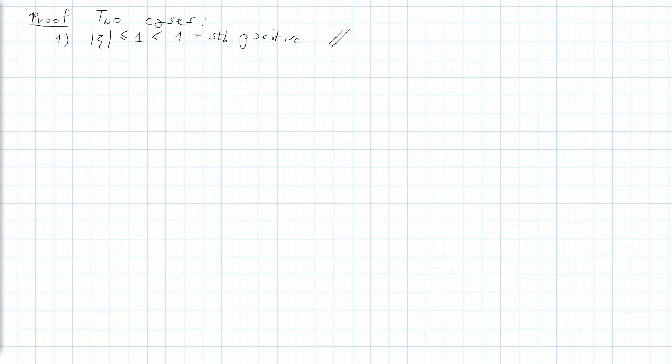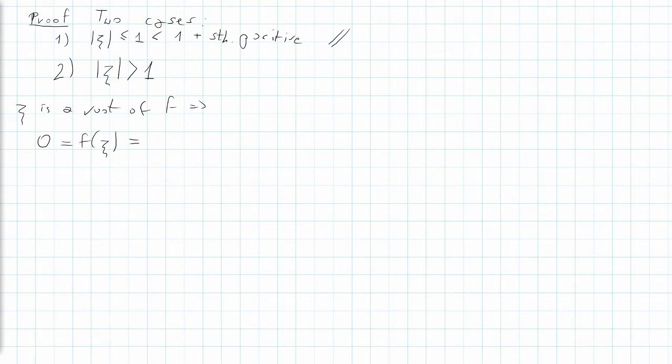So the only part which we need to prove is the case when the absolute value of psi is strictly greater than 1. Now, what do we know? We know that psi is a root of f. So this means that 0 is f of psi, but we have an explicit formula for f.